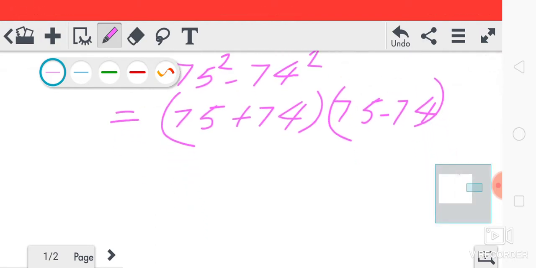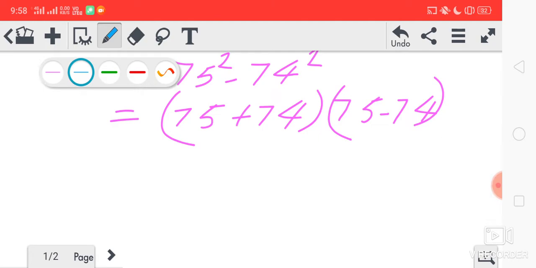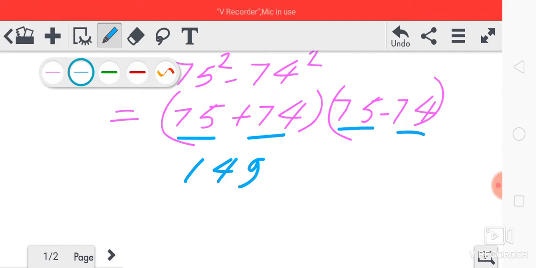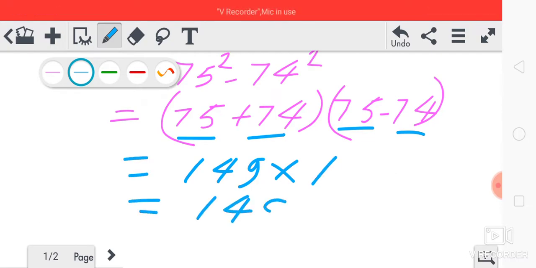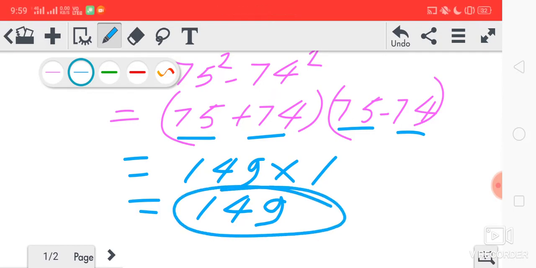The 75 plus 74 gives 149, then 75 minus 74 gives 1. So 149 into 1 is 149 only. So this way it's very simple.